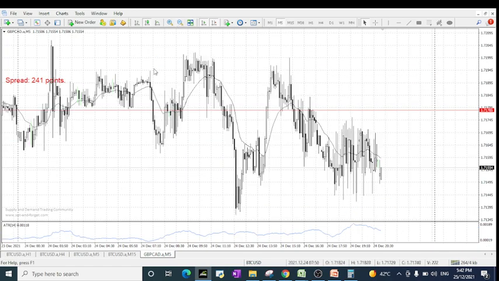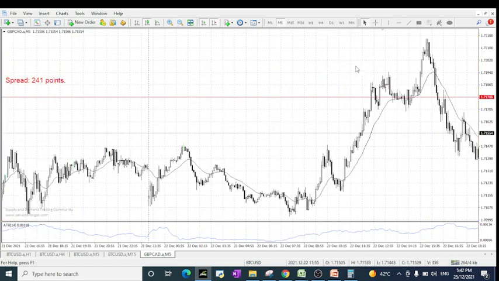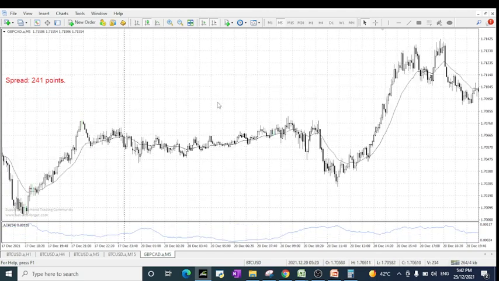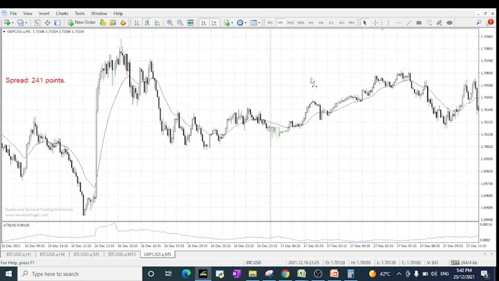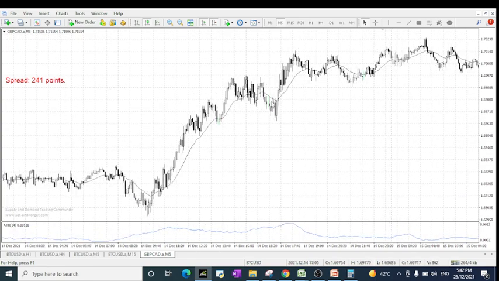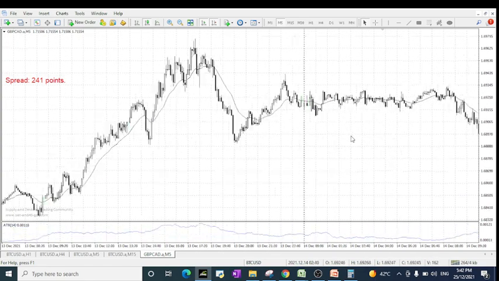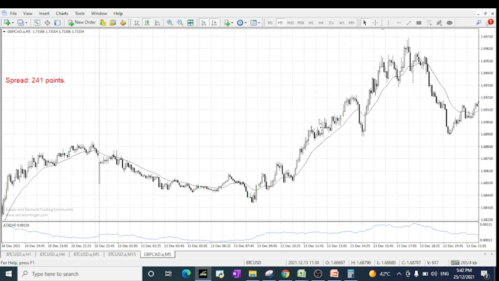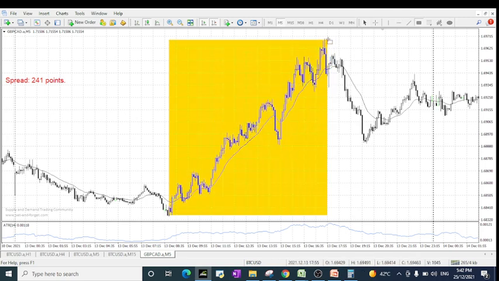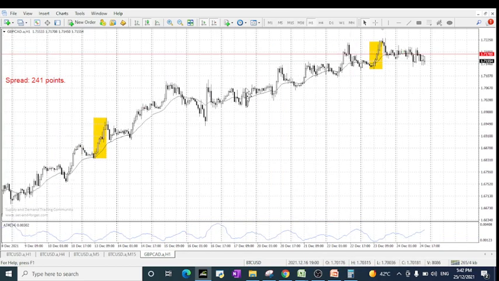But that's the idea. If you look at a trend, for example, what currency pair is this? Pound Cad. Pound Cad hasn't trended in some time. For example, look at this price action here. It's around 13th of December. Let's go to the 1 hour chart.